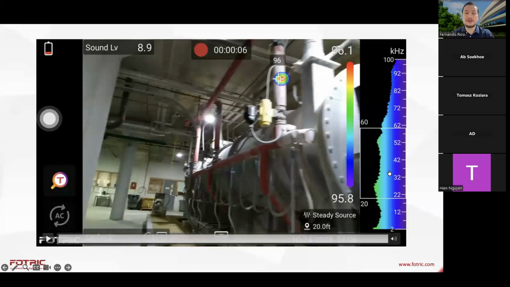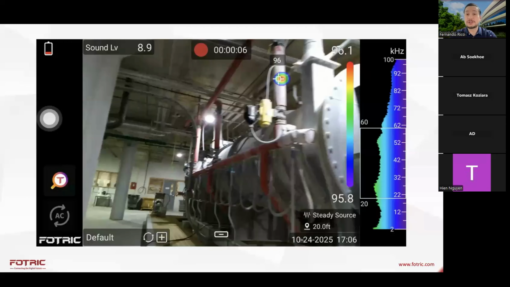You can also see how noisy this environment is. You can see all the different frequencies of audible and ultrasound showing high peaks of intensity. These are completely filtered out by the camera to concentrate or focus on the actual sound signature of the leak.